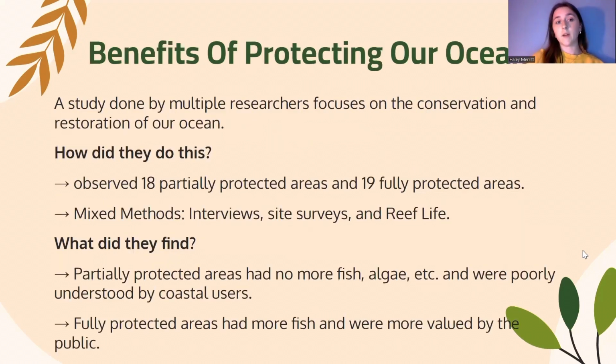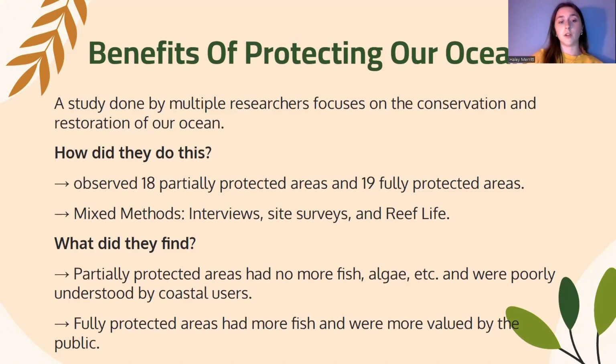So going off of that, I really want to look at a study that was done by multiple researchers, and this study really focused on conservation and restoration of the ocean. So what they did is they observed 18 partially protected areas and 19 fully protected areas, and they did this by mixed methods, so interviews, site surveys, and reef life, which if you don't know what reef life is, it's just an underwater visual survey.